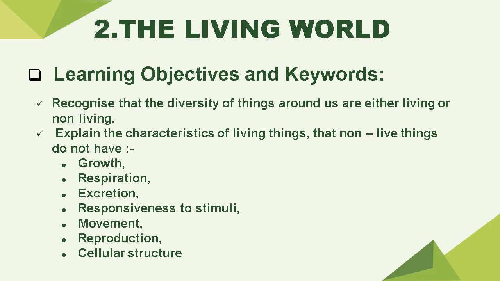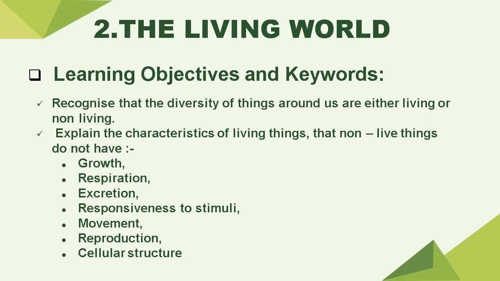At the end of this module, you will be able to recognize that the diversity of things around us are either living or non-living. You will be able to explain the characteristics of living things that non-living things do not have.